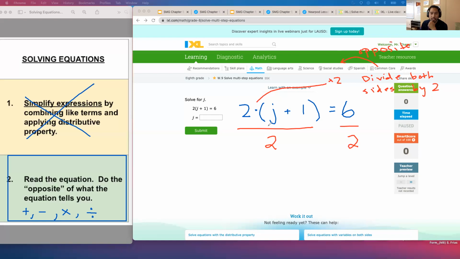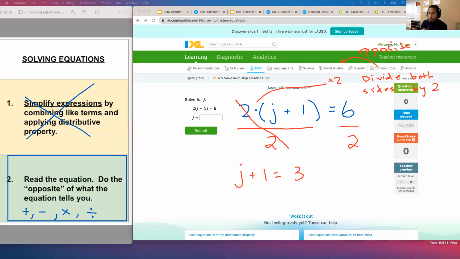Now, when you divide both sides by 2, 2 times j plus 1 divided by 2 just leaves you one group of j plus 1. 6 divided by 2 equals 3. And now you have a much simpler equation. j plus 1 equals 3. In your head, you already know j has to equal 2.